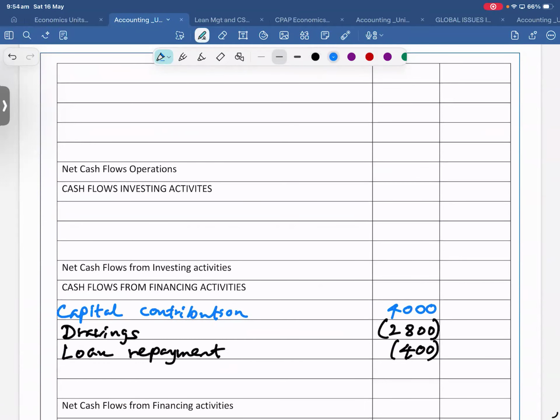Can you explain what an expense is again? Yes, I will explain. Firstly we'll write sewing machines, 4,500. Put that within brackets.